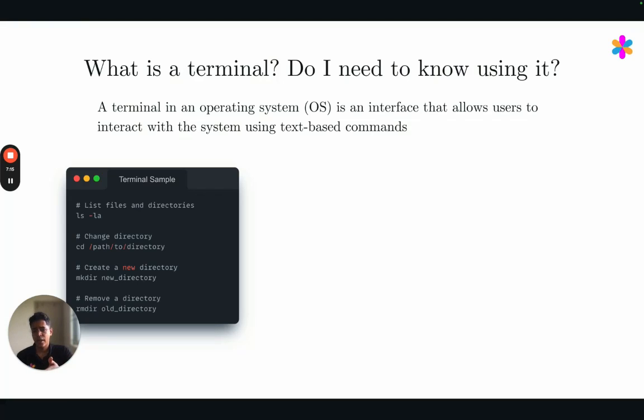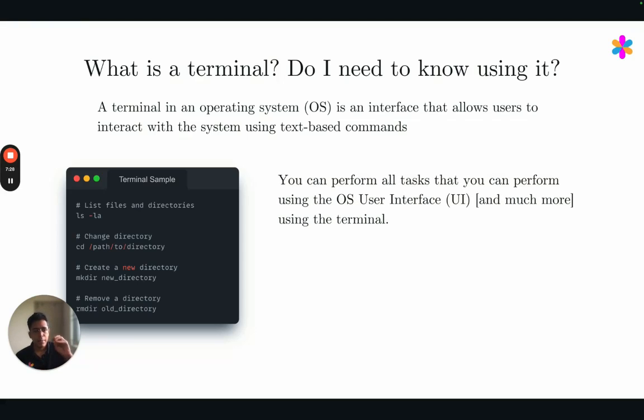Now you might be wondering, if you have a graphical user interface, why would you ever use the terminal? You would use the terminal in cases where people have not developed a graphical user interface, a GUI, for certain complex commands. So you can pretty much just understand this much: terminal is kind of like a gateway to interact with the operating system.